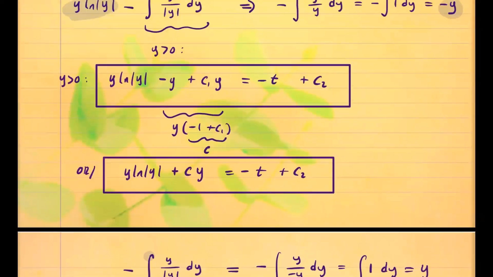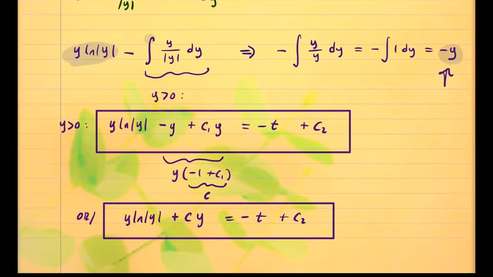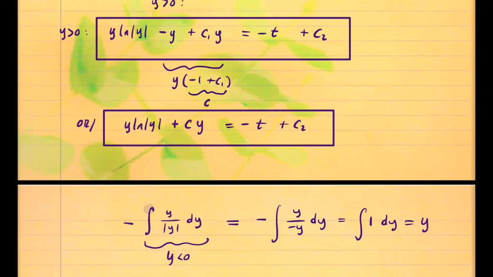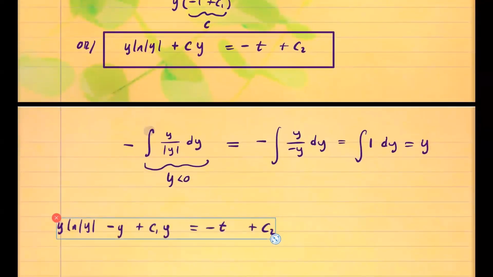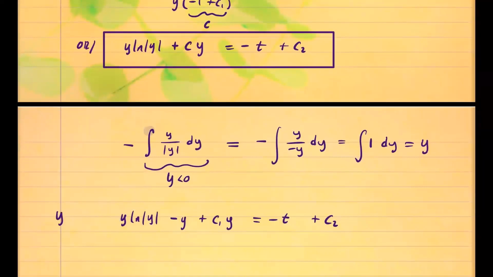So when we replace it with negative y, it becomes just y. So this is how our answer is going to vary. I will take this answer and show you how it varies, but really not a big change, as you will see. If y is less than 0, then our solution is: this I replace with a positive y, and then c1 y equals that.